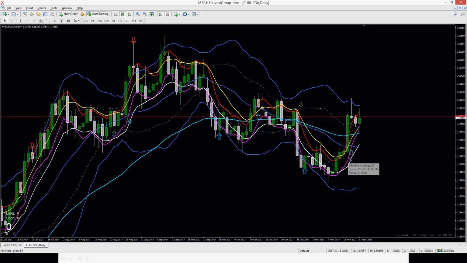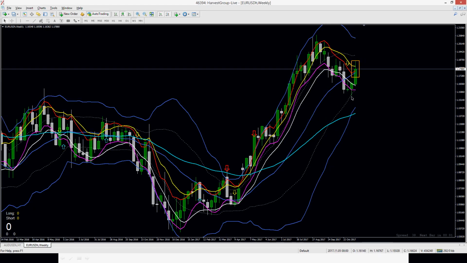However, you need to understand that when the price is exactly where MA50 is, this particular zone is a re-entry on a higher time frame. Let me just go to weekly now. On a weekly basis, it looks like it is a re-entry.